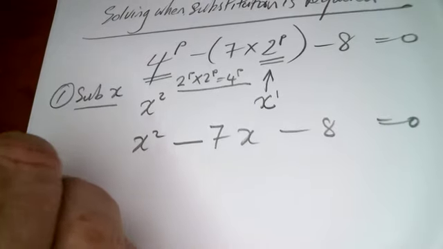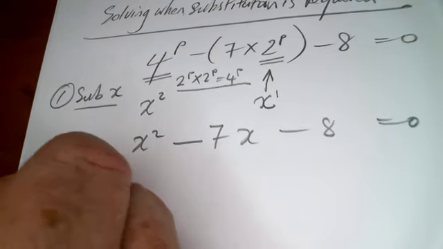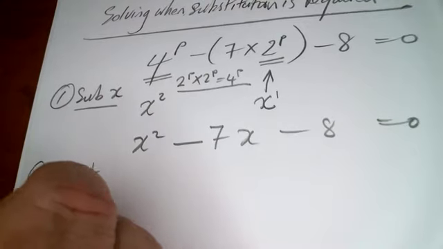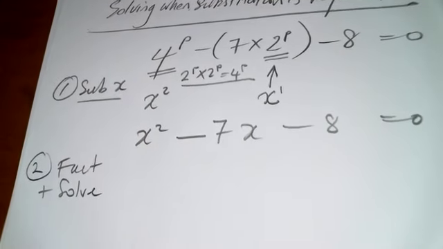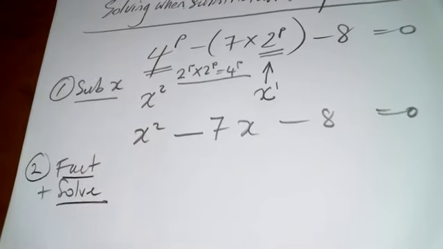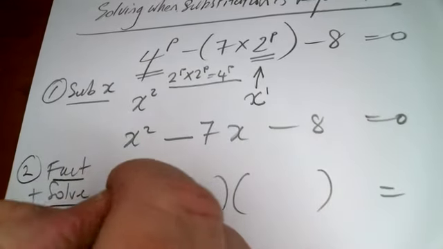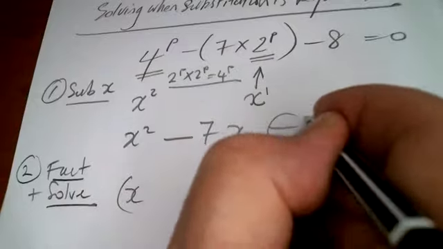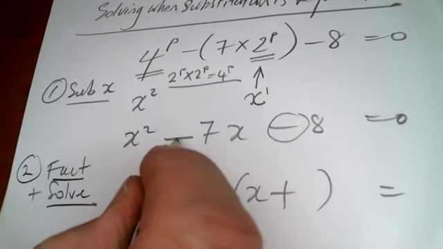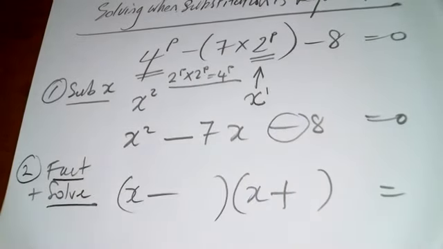Now, of course, step 2, we can factorize and solve. So let's go ahead and factorize and solve the equation. Well, nice simple one to do. We know that we've got an x and an x of some sort. Signs are different. The biggest of the numbers in here, the biggest factor, is going to be negative.